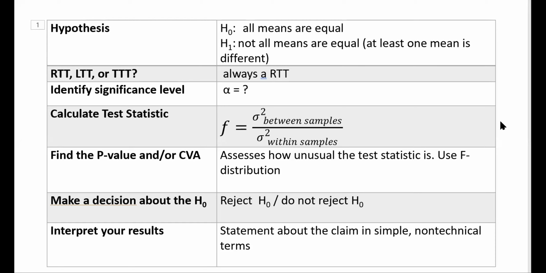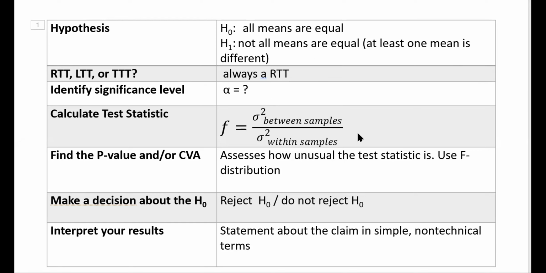So again, as a reminder, these are the steps. First we check all the requirements, and then your null is that all means are equal. Your alternative says not all means are equal. Then it's always a right tail test. Alpha is going to be given to you.